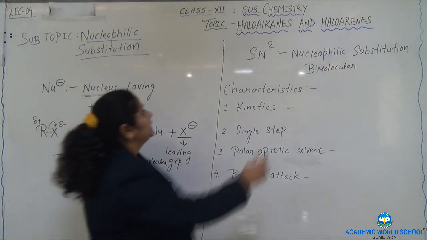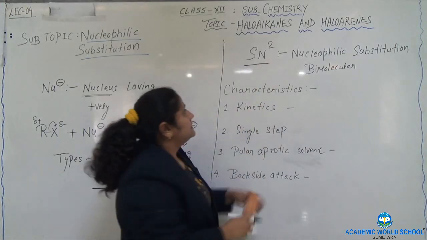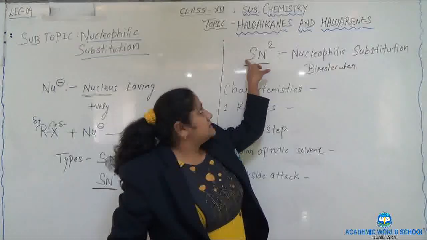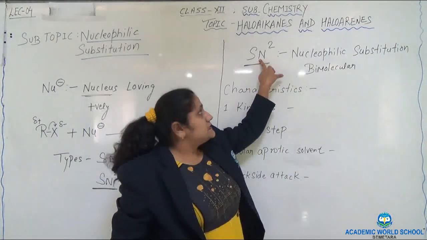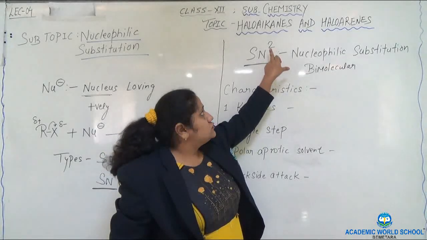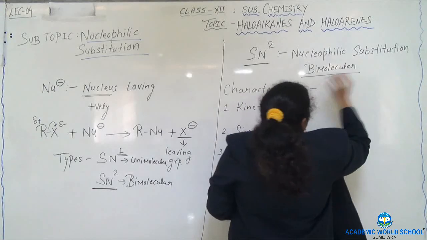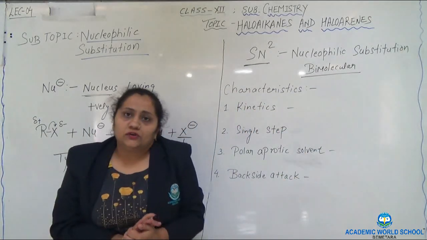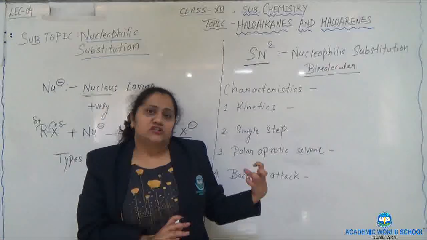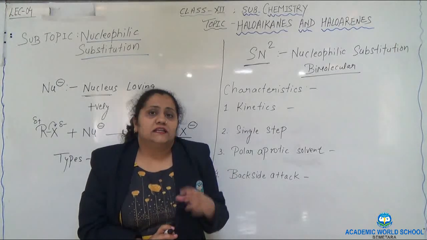In the SN2 reaction, S stands for substitution, N stands for nucleophilic and 2 stands for bimolecular. What is the meaning of bimolecular? Bimolecular means the molecularity of the reaction is 2.